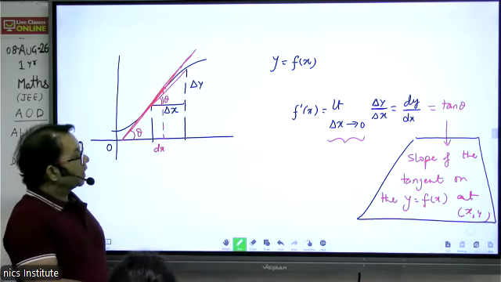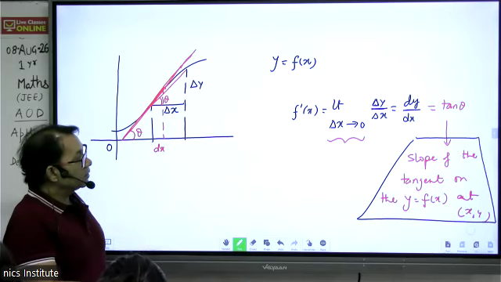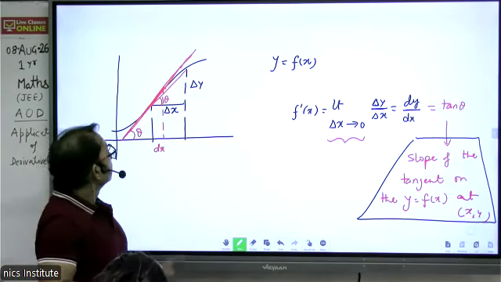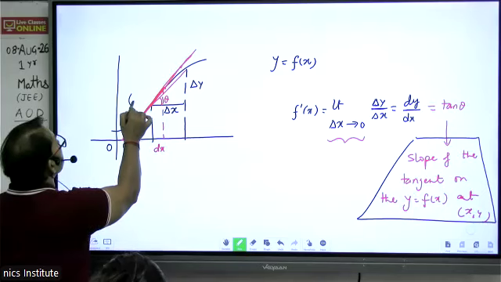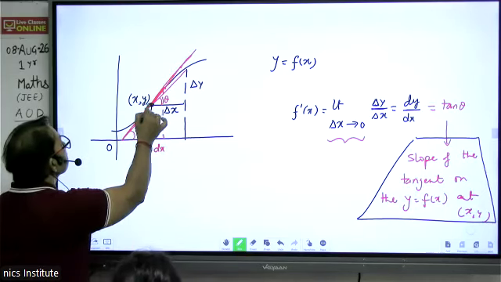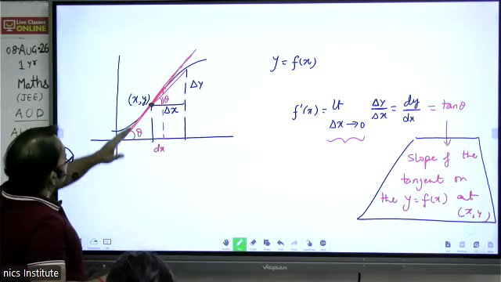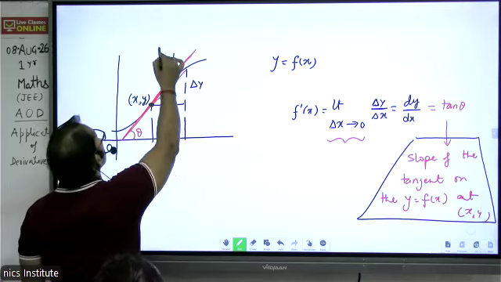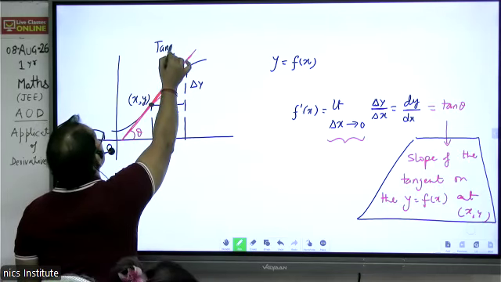So f dash x or dy by dx is the slope of the tangent on the function y equal to f of x at a given point, say x comma y. At this point, derivative means the slope of the tangent. This line is basically the tangent.